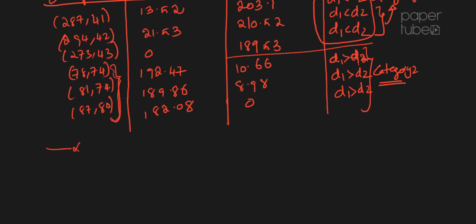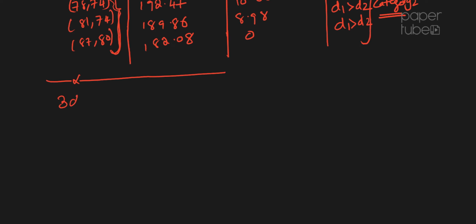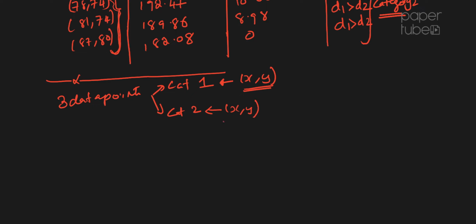So now we apply the second rule of KNN. Since we know three of the data points belong to category 1, and the remaining 3 belong to category 2, you take the average of all the x, y of the data points in category 1 and the average of x, y of all the data points in category 2.